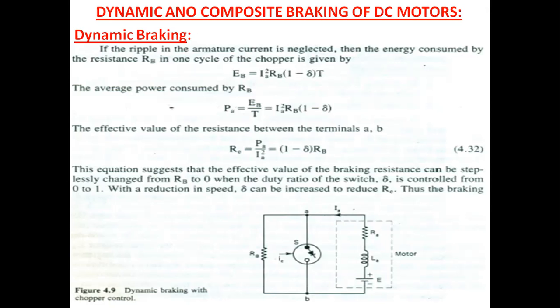With the reduction in speed, the delta can be increased to reduce the RE. Thus this braking can be carried out at constant torque until delta is equal to 1. So this motor is braked along the speed torque curve corresponding to RB is equal to 0. In the previous figures, I have shown you this.